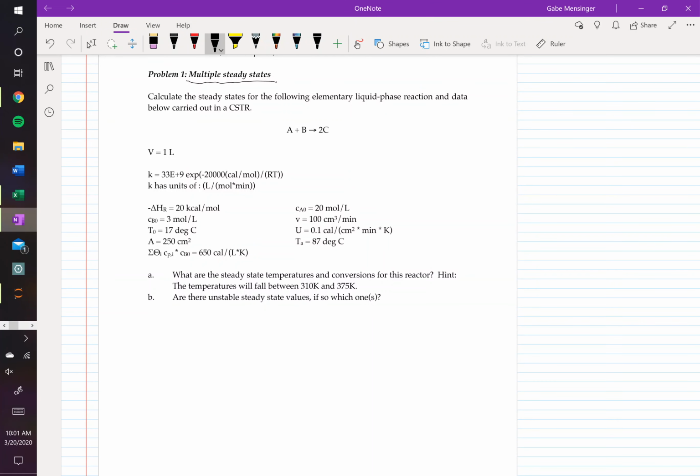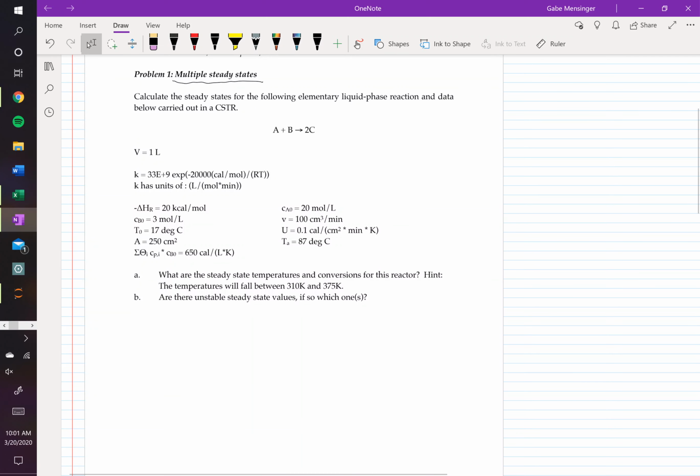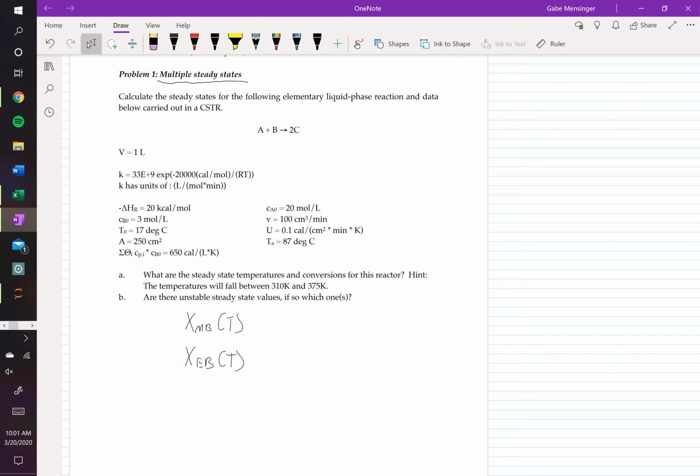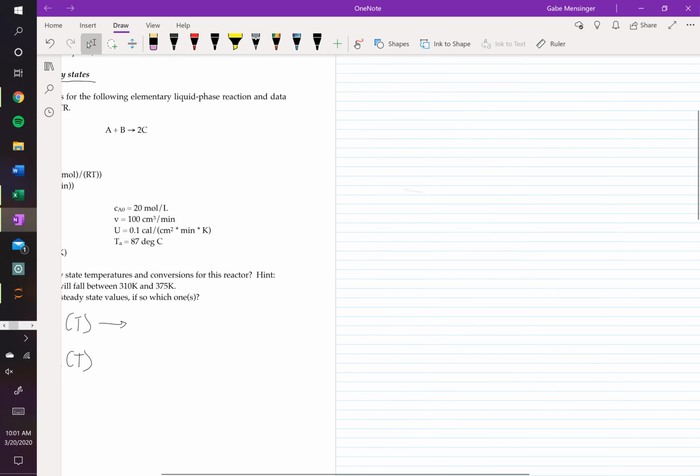So we need x of the mass balance as a function of temperature and x of the energy balance as a function of temperature. So let's start with the mass balance one. I'm going to move over here to do this.